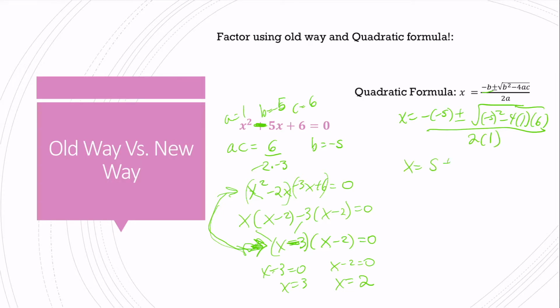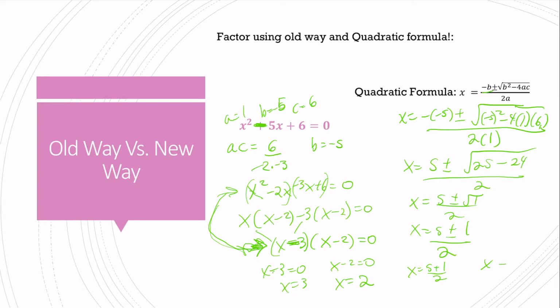X equals 5 plus or minus the square root of 25 minus 4 times 6, which is 24, over 2. So x equals 5 plus or minus the square root of 1 over 2. So x equals 5 plus or minus 1 over 2. So x equals 5 plus 1 divided by 2, or x equals 5 minus 1 divided by 2. So x equals 3 and x equals 2.